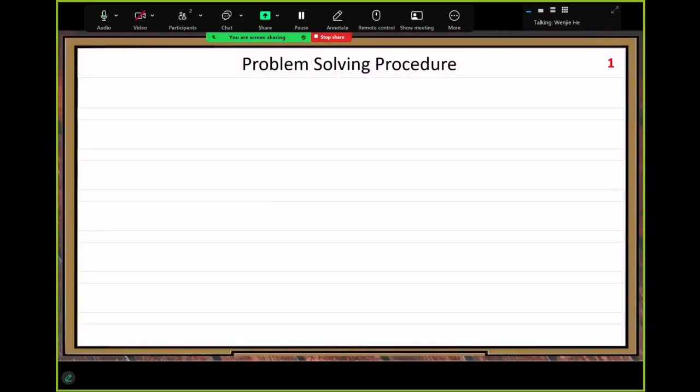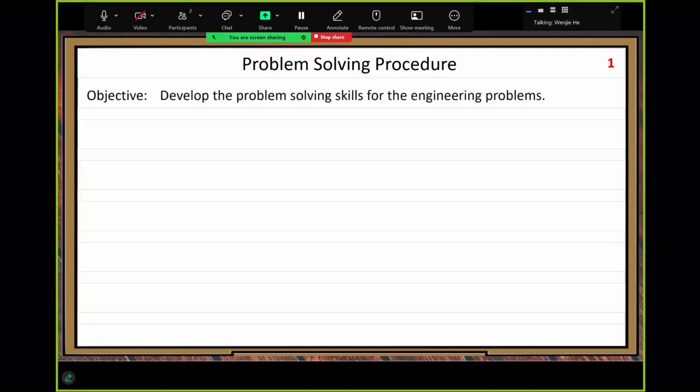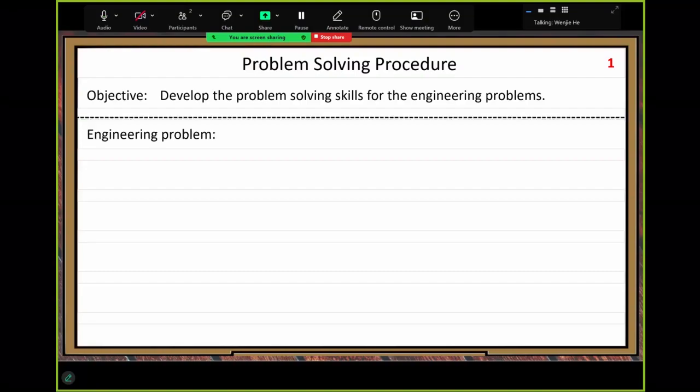First, I want to explain the general problem-solving procedure. In this class, basically what we are going to do is solve real-world engineering problems. The objective is to develop problem-solving skills for engineering problems. What is an engineering problem?